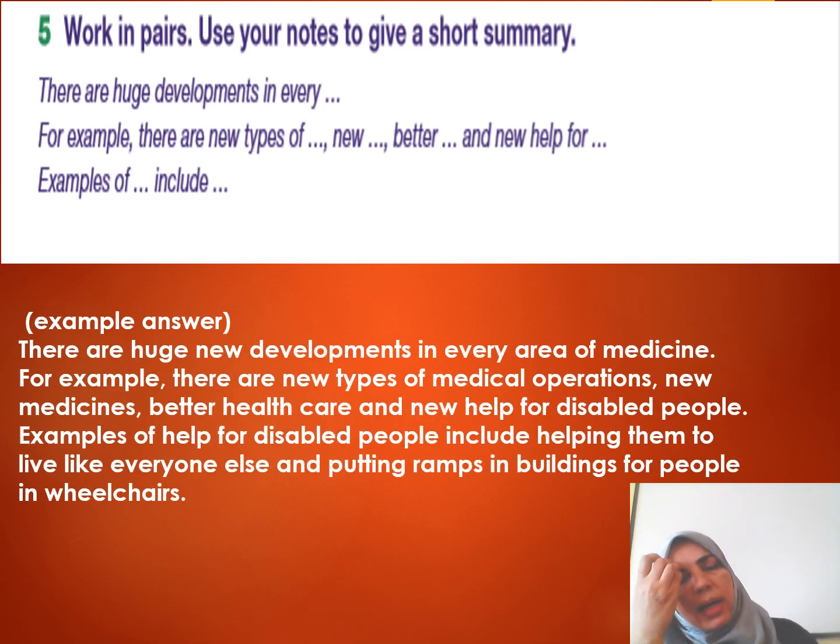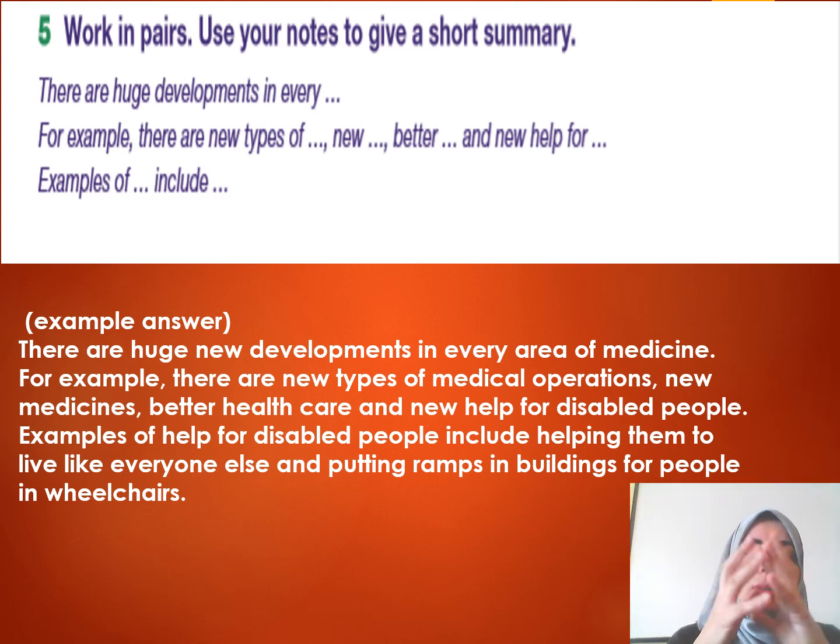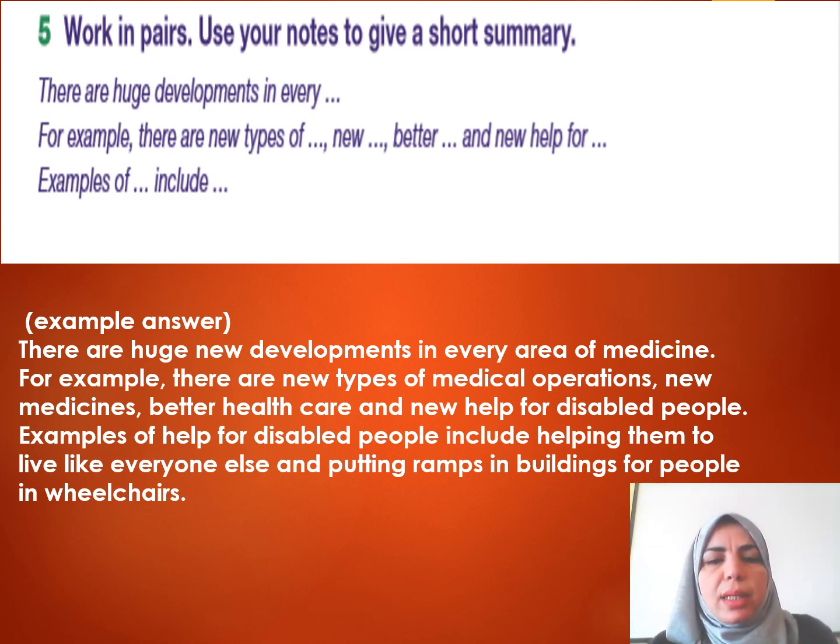Okay, now I wrote an example here for you. You can use it. I will read the example. Answer: There are huge new developments in every area of medicine. For example, there are new types of medical operation, new medicines, better health care and new help for disabled people.